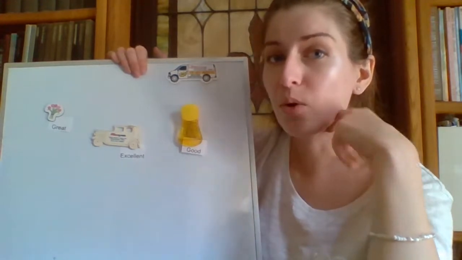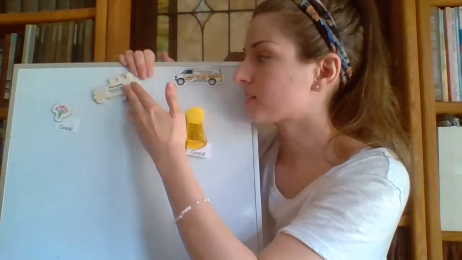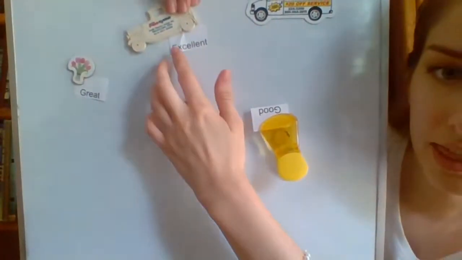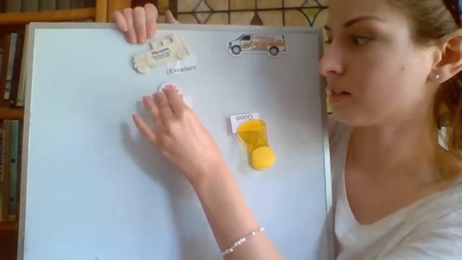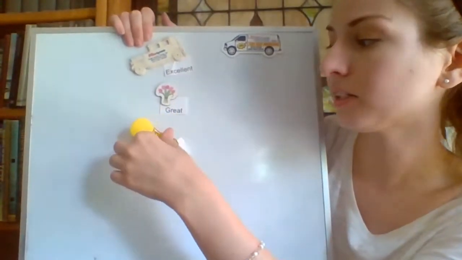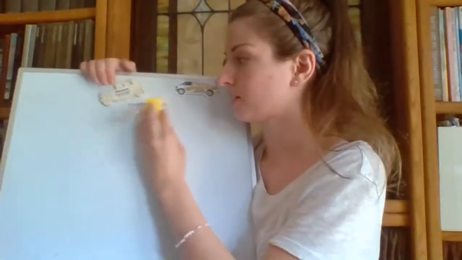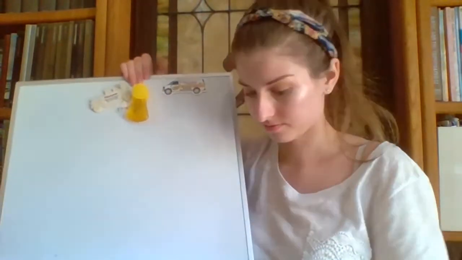I think that the one that's the most intense of good, I'll put it at the top, is excellent. I think the next best form of good is great. And then good is still good, but I think it would be here at the bottom because excellent and great are very intense forms of good.